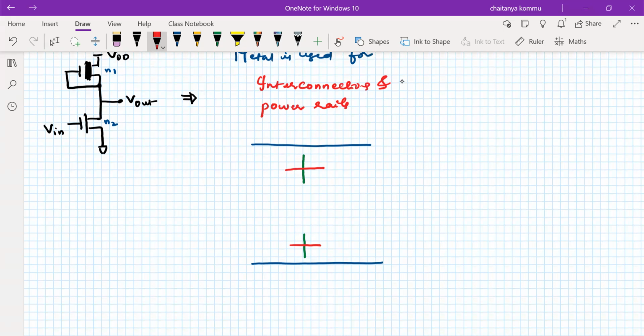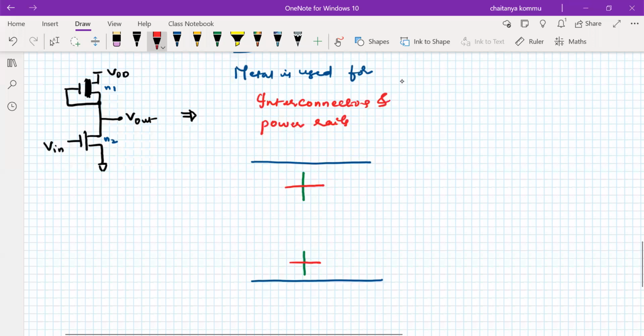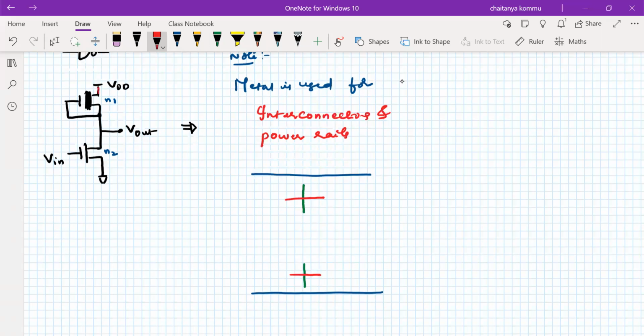Right. Now this transistor's diffusion is connected to the power line. Therefore, we have to connect this diffusion to the metal line. So how do we do this one? Just simply I can extend this point to this one. I can extend this diffusion line towards the VDD line.